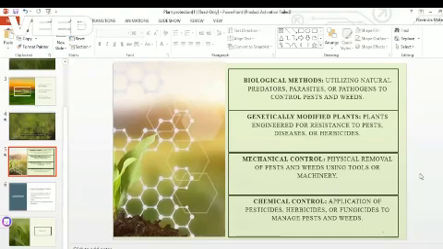So the next one is genetically modified plants. Plants engineered for resistance to pests, disease, or herbicide. Miss, I think this is where scientists create plants that resist the attacks of pests and diseases.